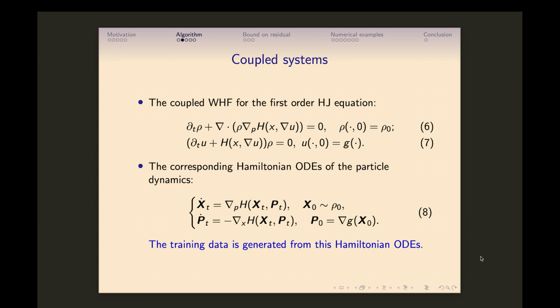G is a deterministic function, and I take the gradient of this function, evaluated at the sample points. That's my initial velocity for the characteristic. So this is a slightly strange setup compared to the way most people introduce randomness for Hamiltonian systems. Normally there are two typical ways: either both initial conditions are random, or both equations have added Brownian motions. This is not that way. This is halfway, in the middle: one is random, the other is not.